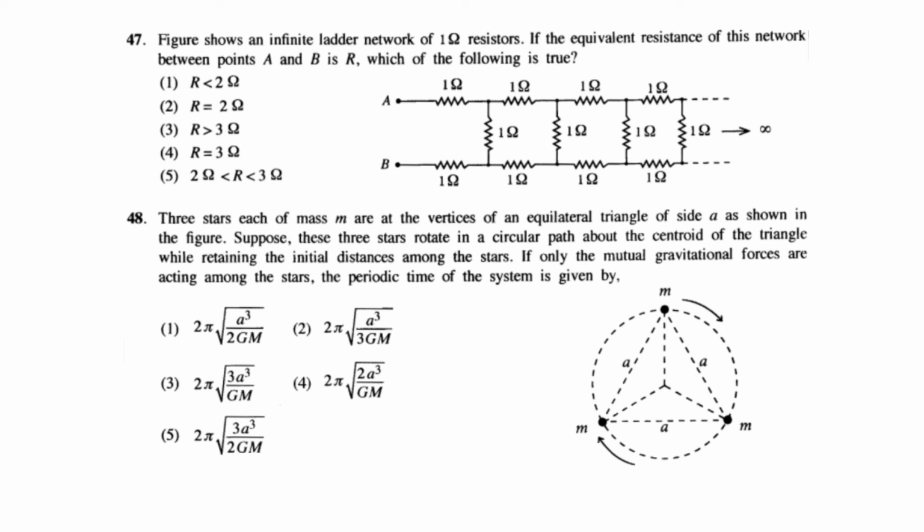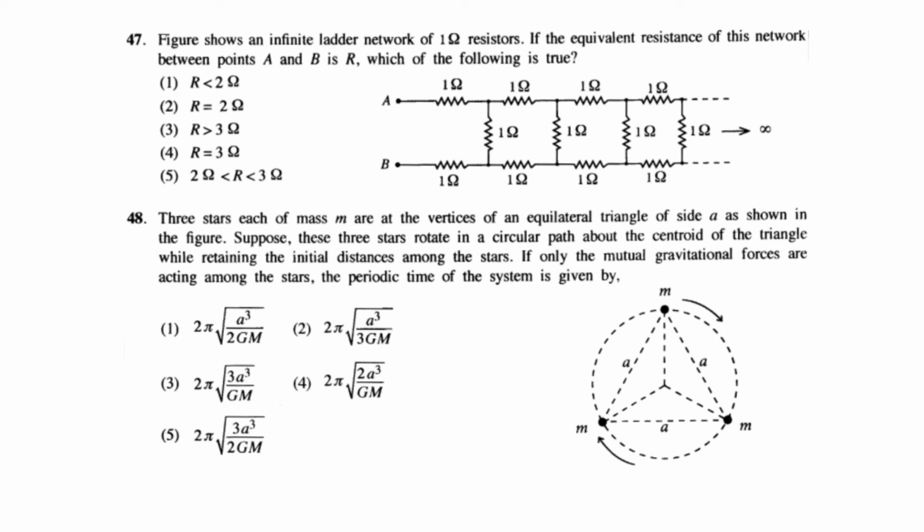And we'll see the resultant of the other 1 ohm resistors connected in parallel. You know, when the resistors are connected in parallel, the resultant resistance would be smaller than the smallest resistance in the network.